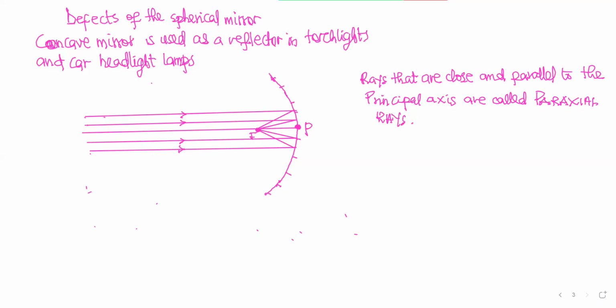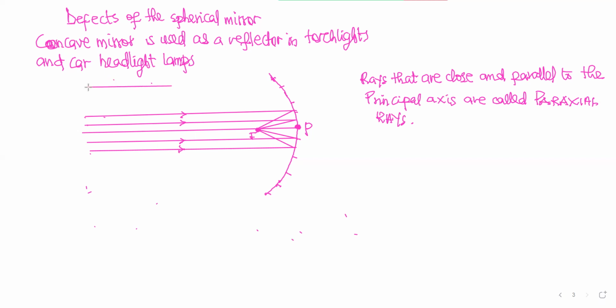So para-axial rays are rays that are always close and parallel to the principal axis. So if we have para-axial rays incident on the mirror, they will all converge at a common point after reflection.